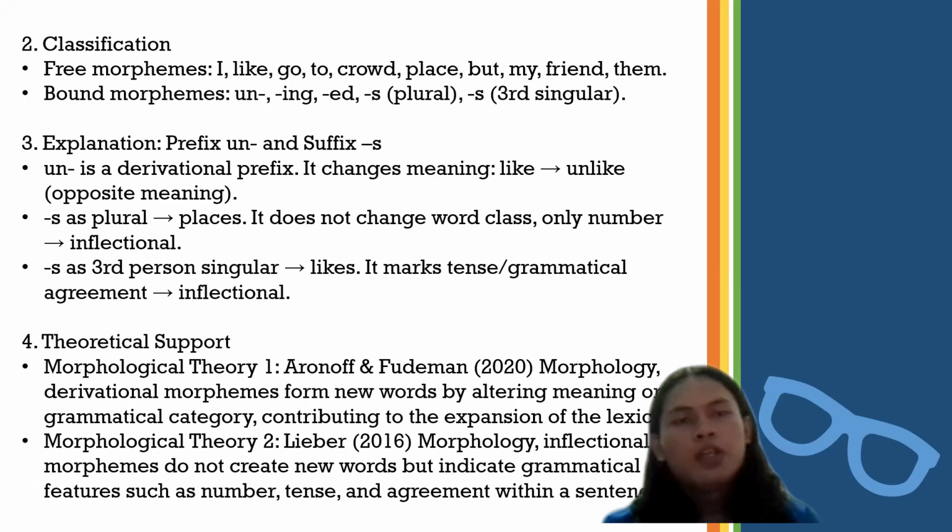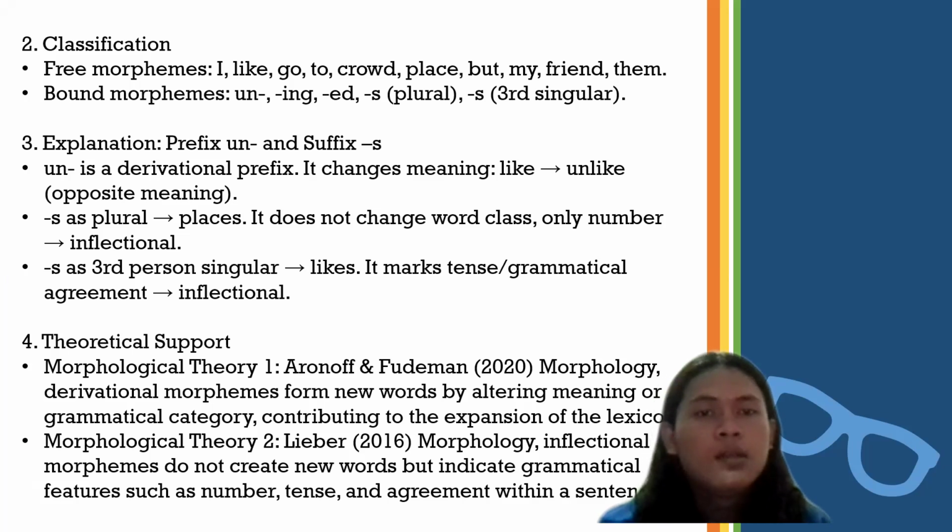Next, 3. Explanation. Prefix un and suffix s. Un is a derivational prefix. It changes meaning, like to unlike, or opposite meaning. Next, s is plural to places.